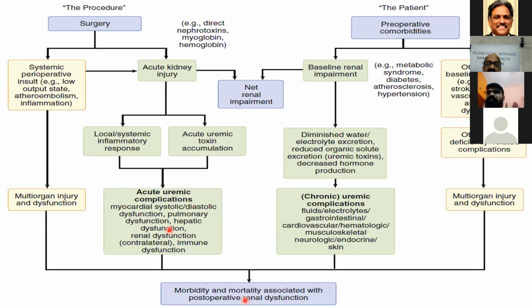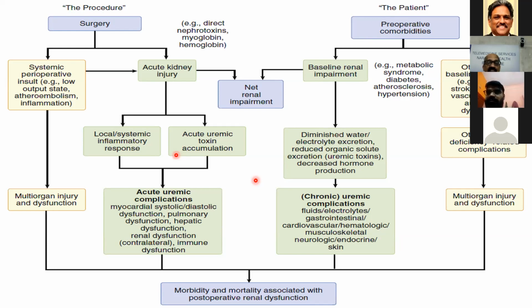And the other factor which is not mentioned here is that it appears that there is a genetic influence on the occurrence of acute kidney injury. For example, if you have two patients, one with genetic predisposition and the other without, if they are subject to the same stress level, the person who has genetic predisposition develops AKI, whereas the other one who did not have it does not develop AKI.